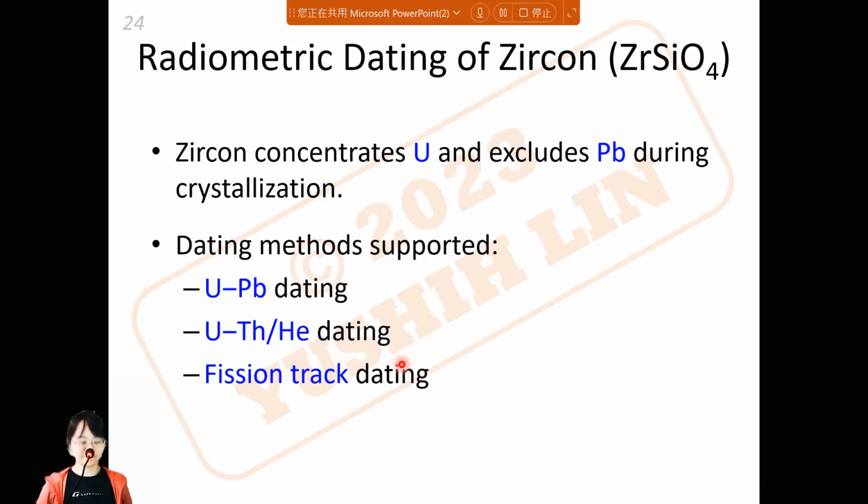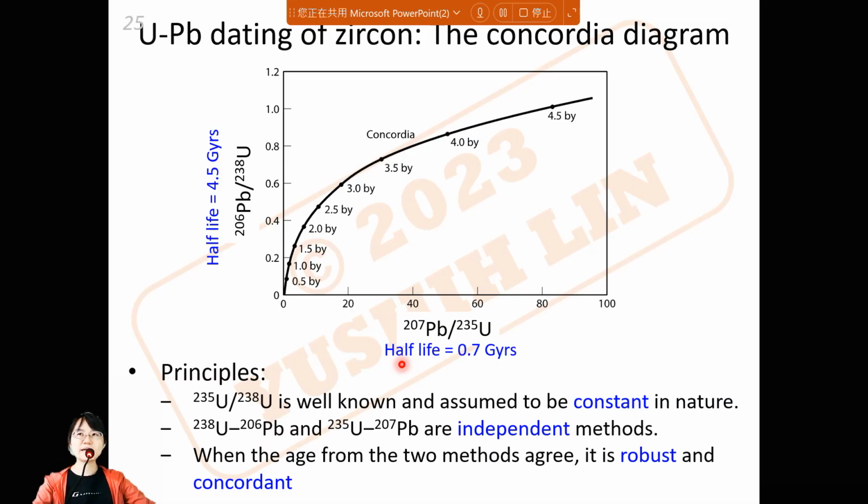Isn't that good? That's what scientists would do. They would measure their lead-207 to uranium-235 or lead-206 to uranium-238. These are two independent isotope pairs.